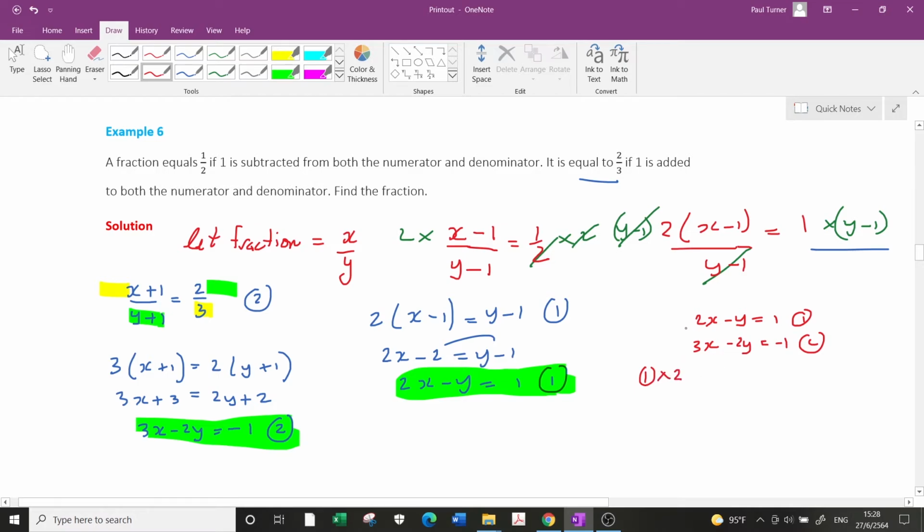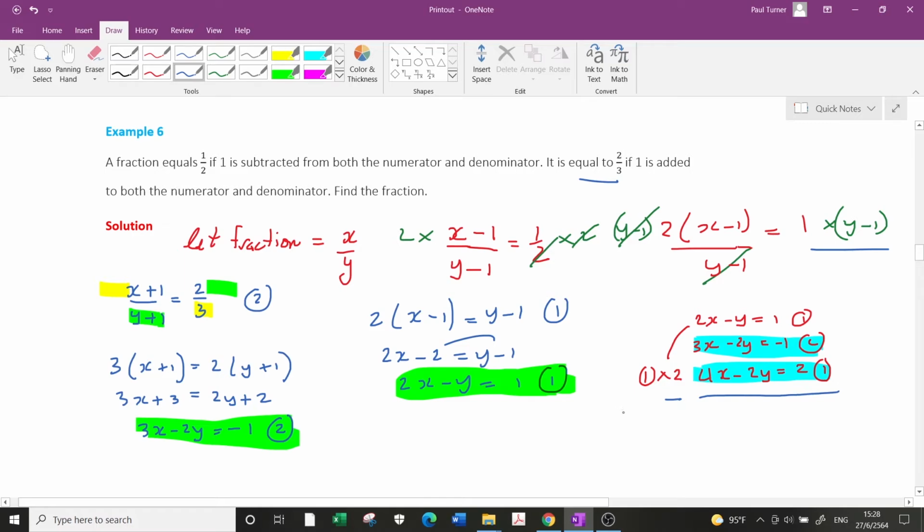So that will give us 4x minus 2y equals 2. That's still equation 1. So these are our two equations, this one and this one. And I'm looking at that and I'm thinking now we can add them or subtract them actually.